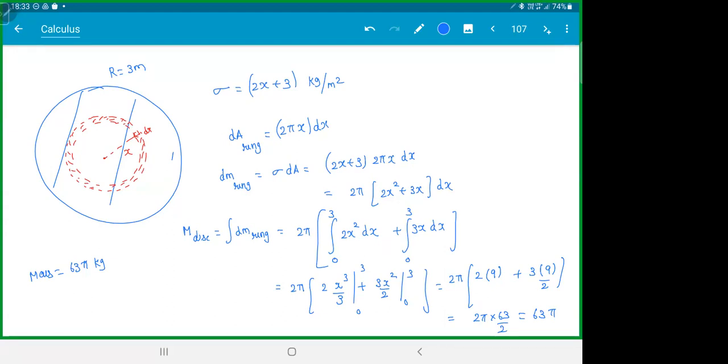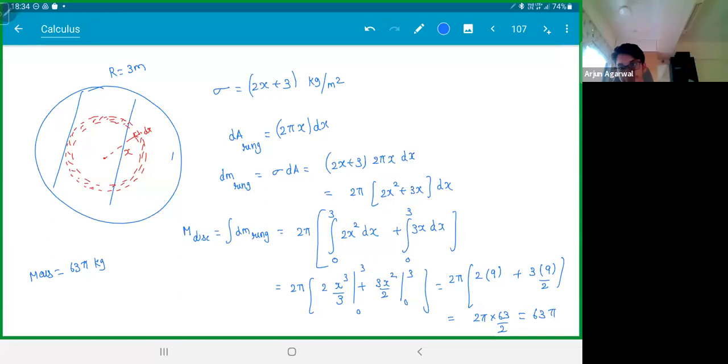Maulika, Mayuka, you're there. Mayuka, clear? Someone missed. Any doubts on this? Please ask me. Can I turn the page? Yes.